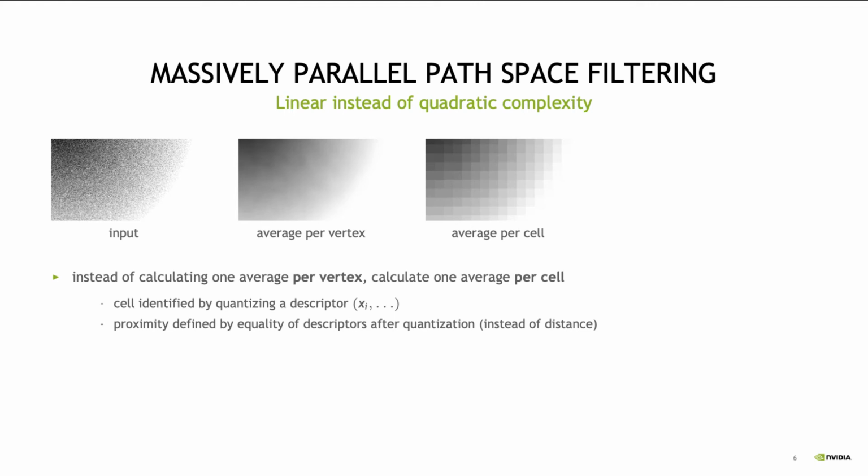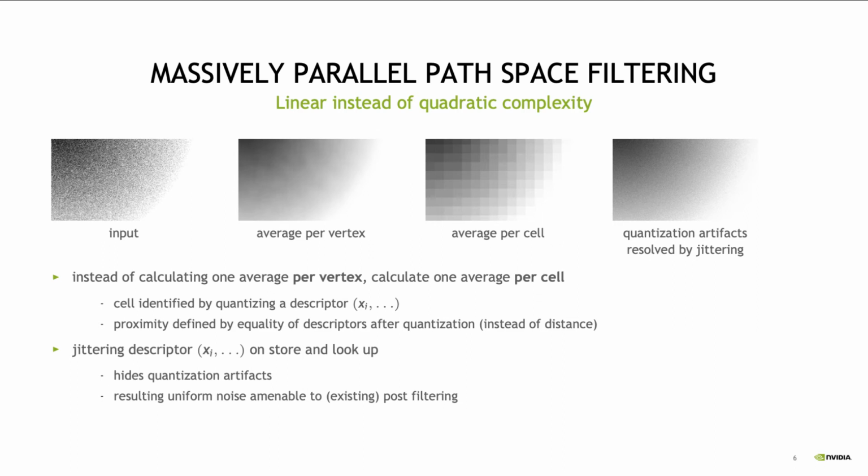The idea that enables collaboration now is to replace the distance in the criterion for close by with a binary function, which is 1 if the quantized descriptor of 2 positions is equal, and 0 otherwise. In this simple example, the descriptor is just the position, and as a result, we get 1 average per cell instead of 1 average per pixel.